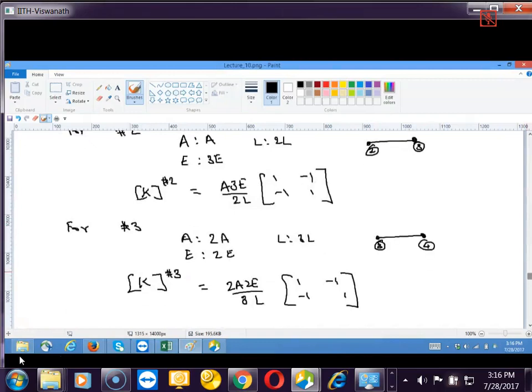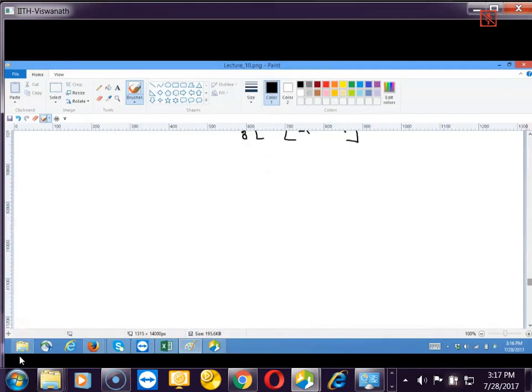So let me write my Kg, the global stiffness matrix. A simple way to write is, first write the guiding things. These are the degrees of freedom u1, u2, u3, u4, u1, u2, u3, u4.